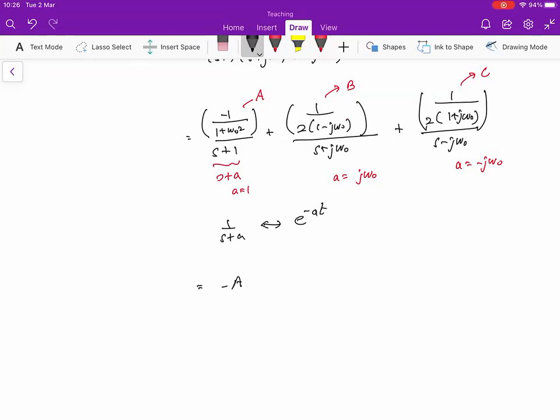Oh, sorry, this is minus 1. Yeah, so this minus over here comes over there. Right, sorry about that. Okay. So this is A e to the minus t plus B e to the minus j omega naught t plus C e to the j omega naught t, where A, B, and C are those expressions over there. And that's basically what y of t is going to be.